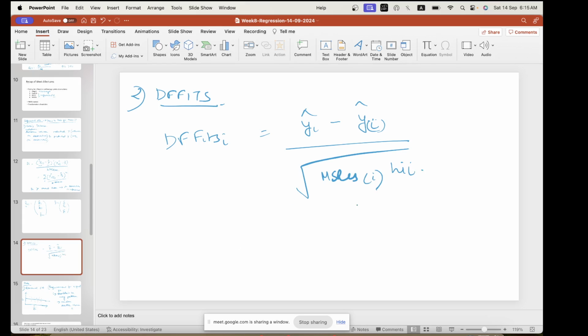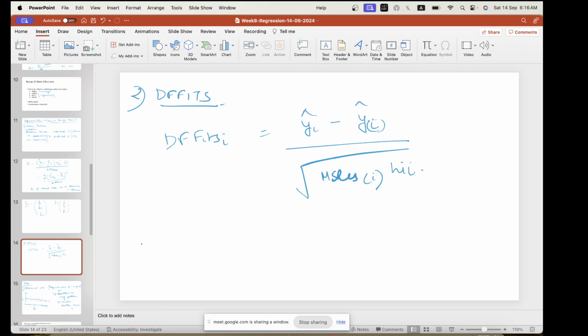Here we are calculating MS residual based on the model which leaves out the ith observation. So yi hat is the fitted value of yi obtained without the ith observation, and MS residual i is the associated MS residual in that model.